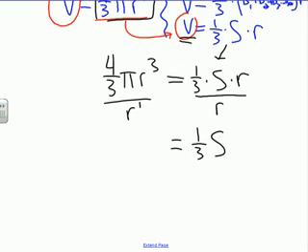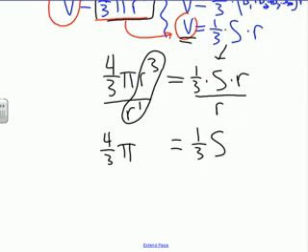On the left, this would be r to the first power, so I have to combine these two. That means I have 4/3 pi, and when you divide you subtract the exponents, so it's r squared. Next, to get rid of the fraction on the right, I multiply by its inverse, 3/1.